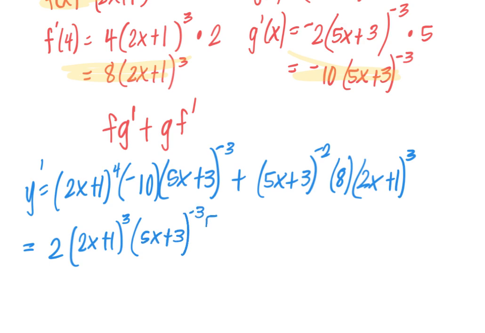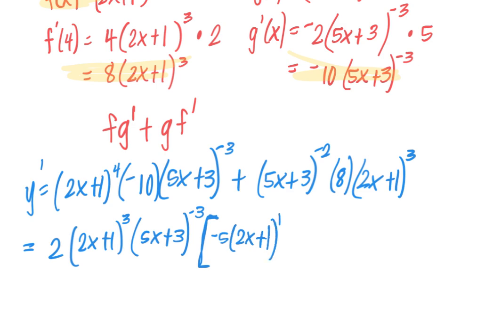So what we're left with, I'm going to say negative 10 divided by 2 is negative 5. When I say 2x plus 1 to the fourth divided by 2x plus 1 cubed, you get 2x plus 1 to the first power.